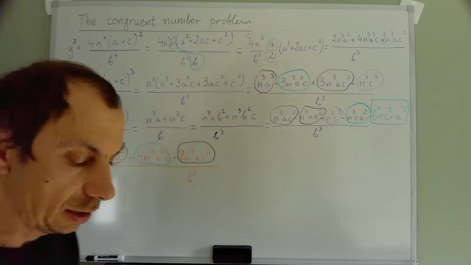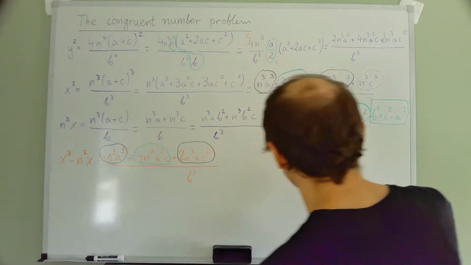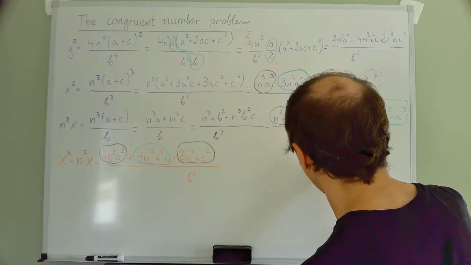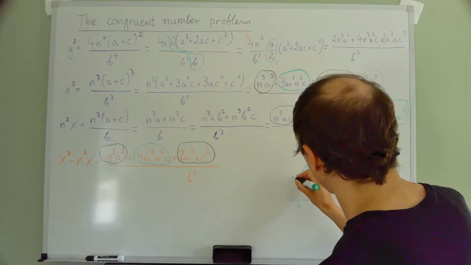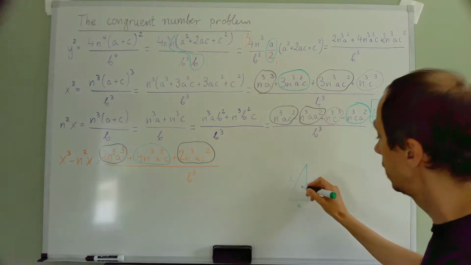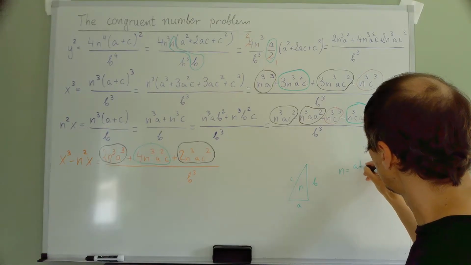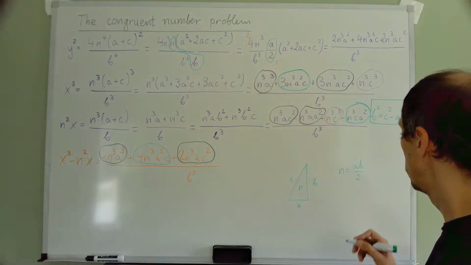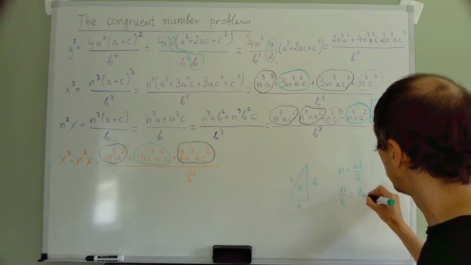And there's another thing that I want to use, namely, remember that we have this right triangle here, A, B, and C. Its area is n, so that means that n is equal to AB over 2, which is the same thing as saying that n over b is equal to a over 2.